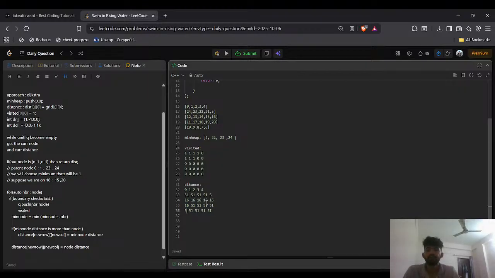No matter what, eventually when we push this node, I'll just stop.